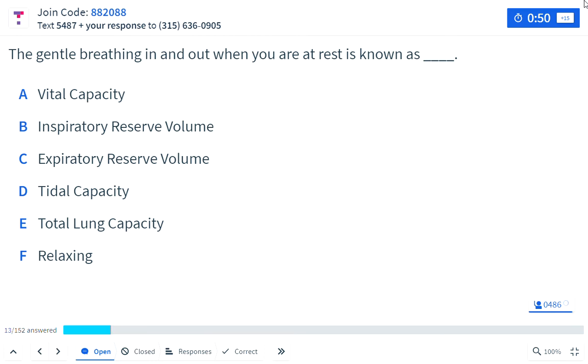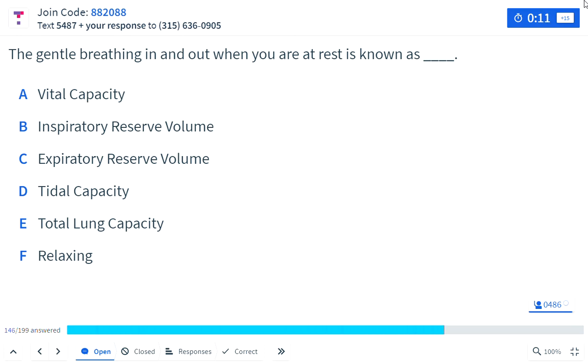Is it vital capacity, our inspiratory reserve volume, our expiratory reserve volume, tidal capacity, total lung capacity, or relaxing? So we have about 10 seconds left.